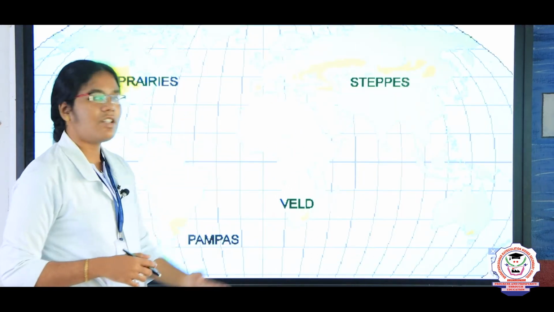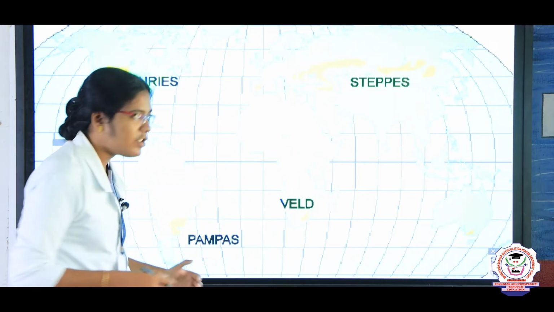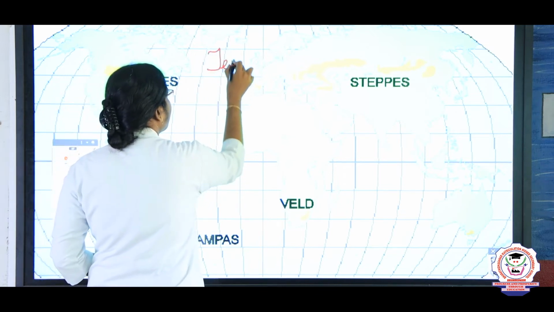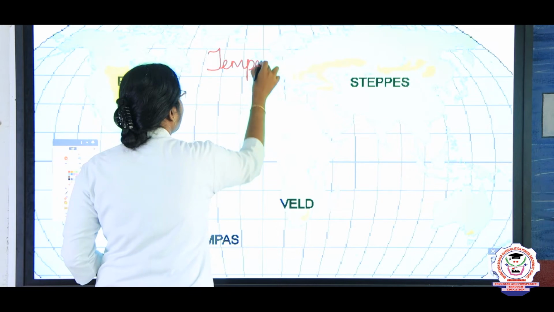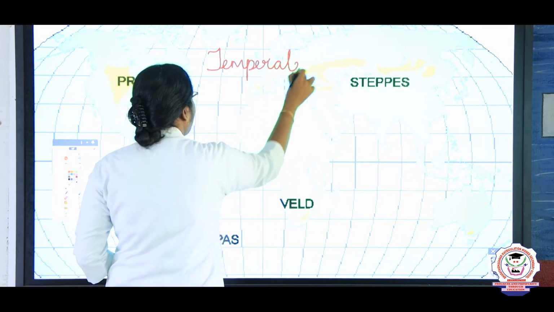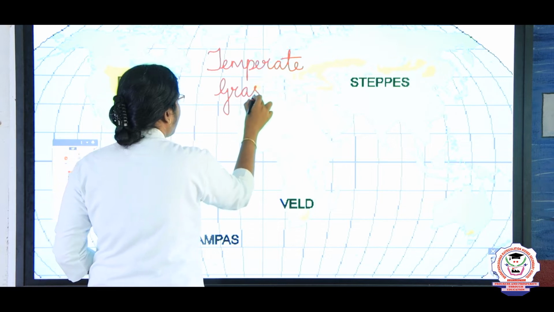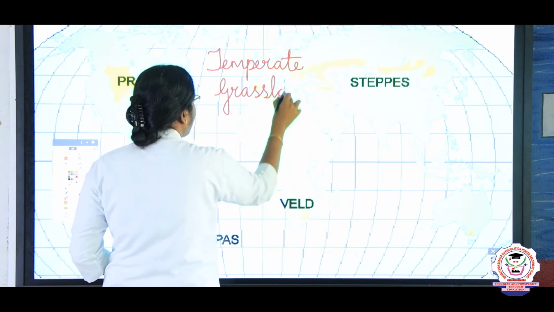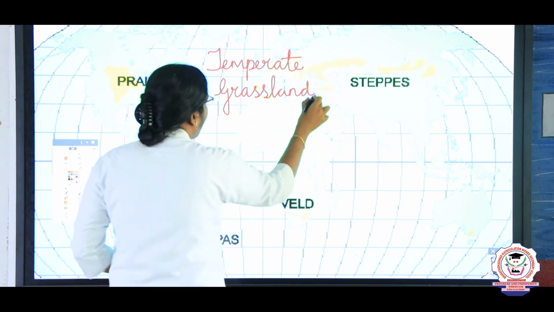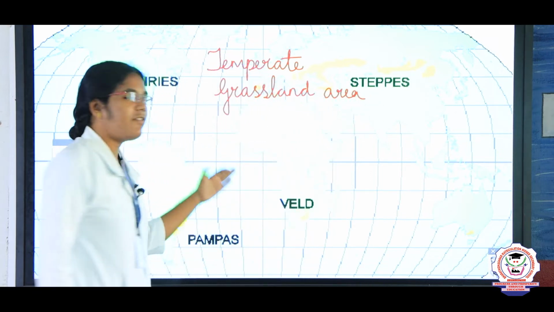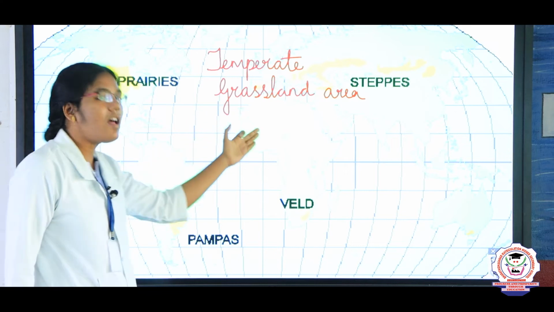Look at this, children. This map refers to the temperate grassland areas in the world.